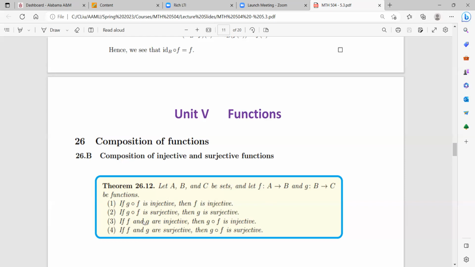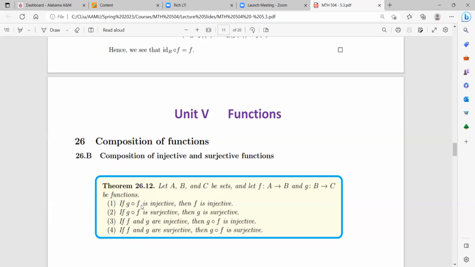What can you say about composition? The first two are: if you know some properties of the composition of two functions, what can you say about each function? Okay, so it turns out that if the composition of g and f is injective, then f is injective.